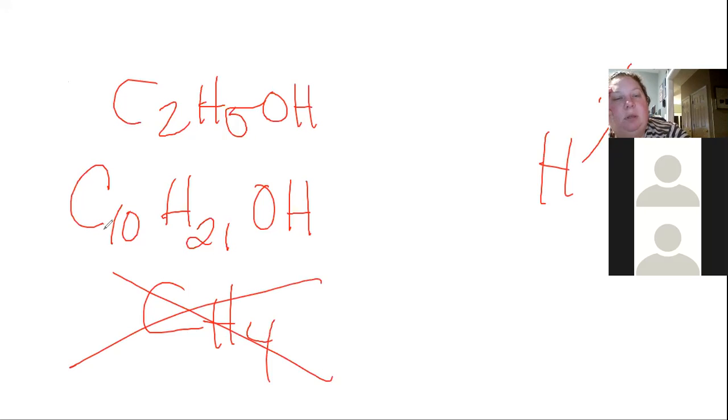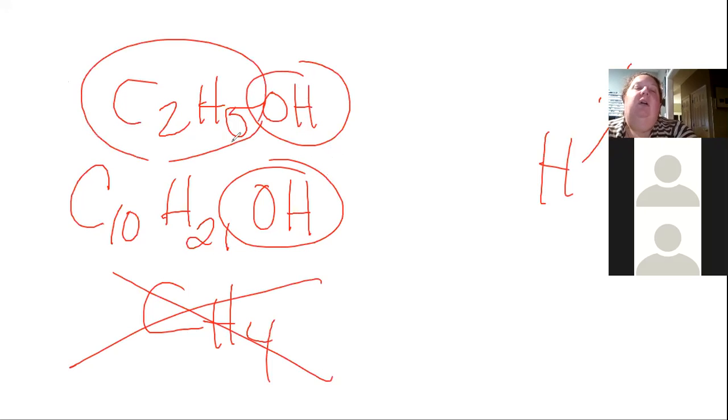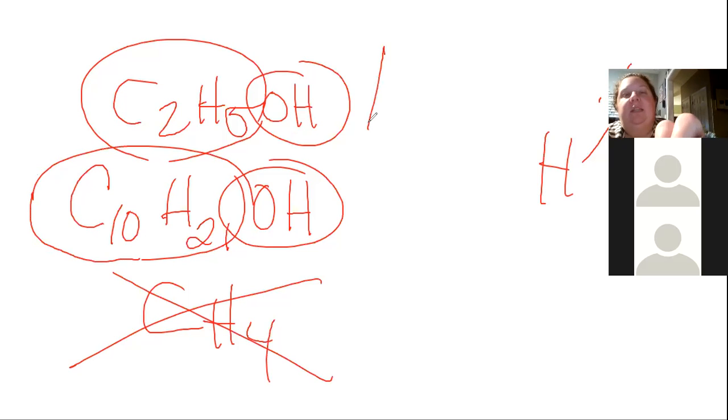Both of these top chemicals have this OH on the end, so they can do the hydrogen bonding like water can. The only difference between them is the carbon chain stuck onto the end of the OH. In this case, this would be the best chemical to dissolve in water.